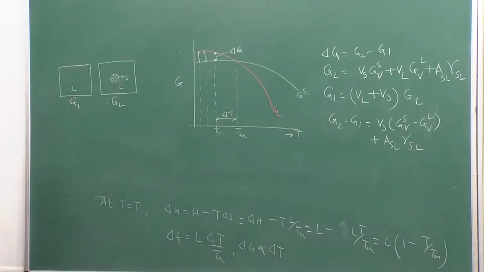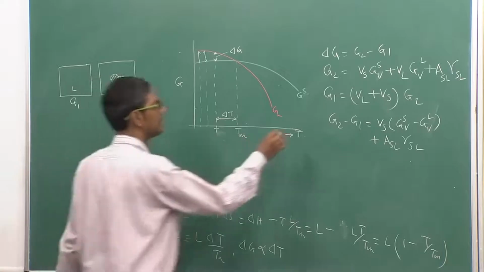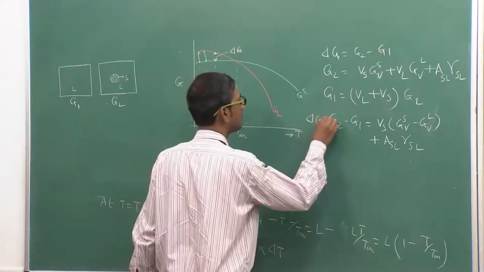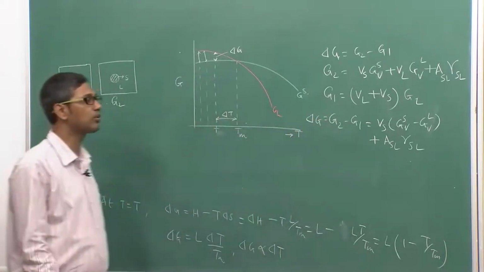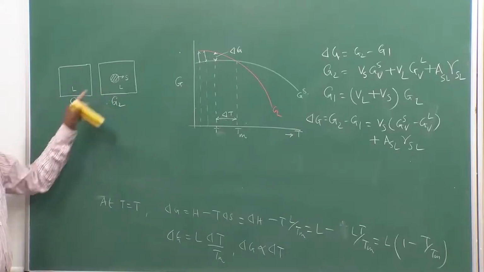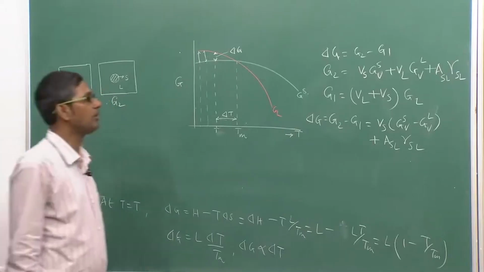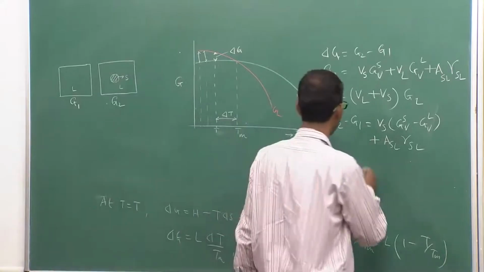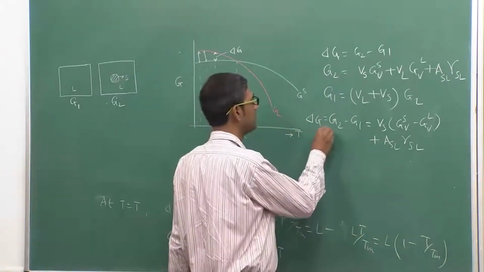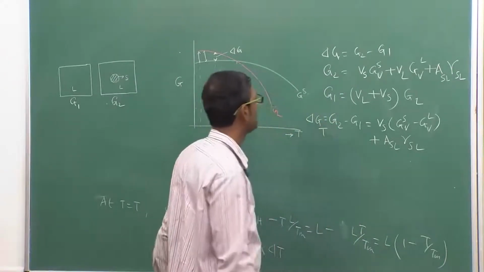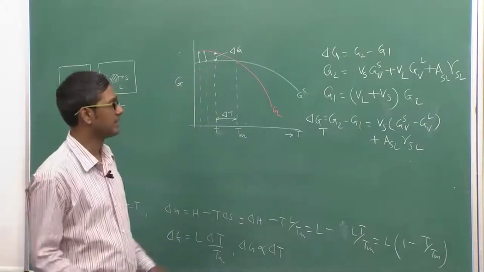Am I right? This is what we get if you do the proper mathematics. So that is the total free energy difference of these two configurations, and this I will write as delta G T.